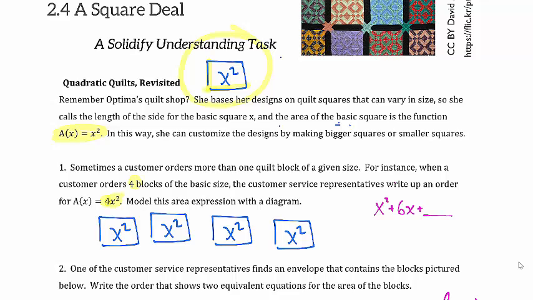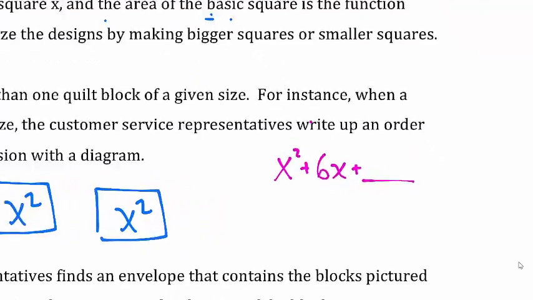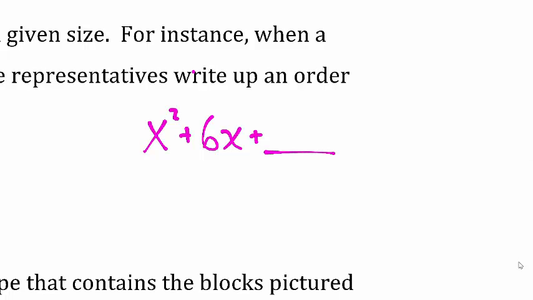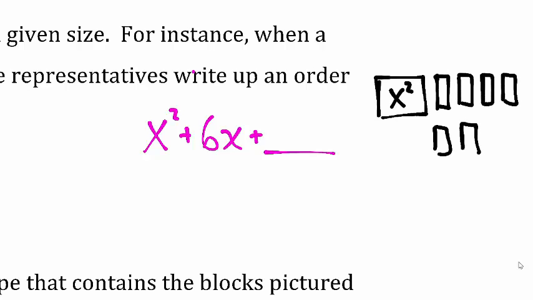Now, what we were doing last time, just as a quick review, is saying if we had one quilt and we had an x squared piece and 6 little x pieces, we wanted to know how many little ones we would need in order to turn it into a square quilt.